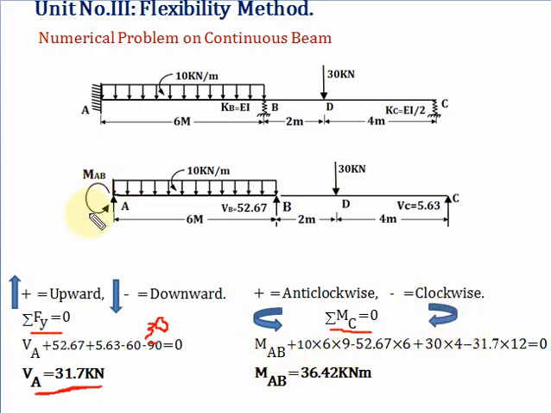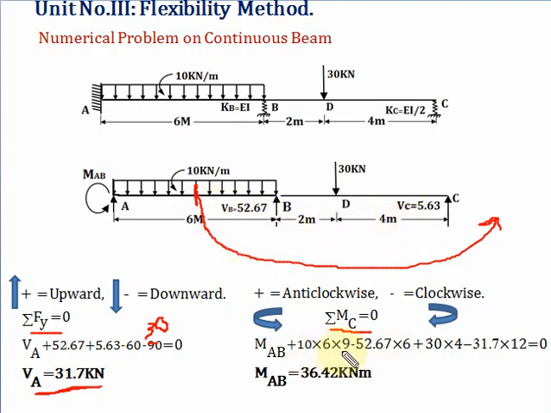MAB is acting in the anti-clockwise direction, so plus, and 30 into 6. Taking the moment at point C, this will act in this way, so it will be anti-clockwise, so plus 10 into 6, and from the center of the UDL to the point C we have to measure the distance: 3 plus 2 plus 4, 6 plus 3, that is 9.